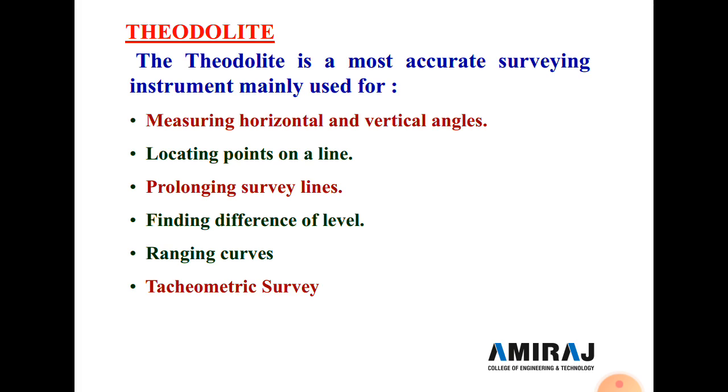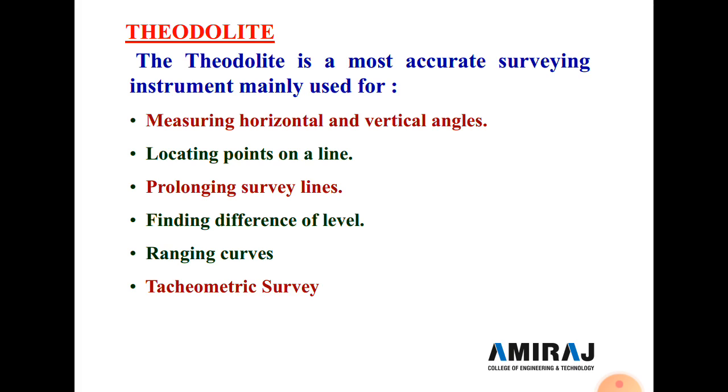Next is ranging a curve. In module number 4 of the surveying subject we have curves. In both horizontal curves and vertical curves, we prepare them in a road network. Clear? A horizontal curve is like a turning in a highway or road network.